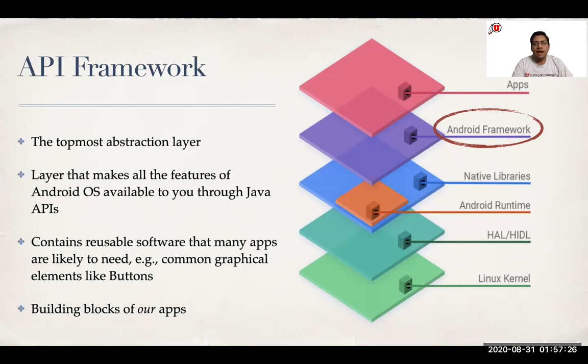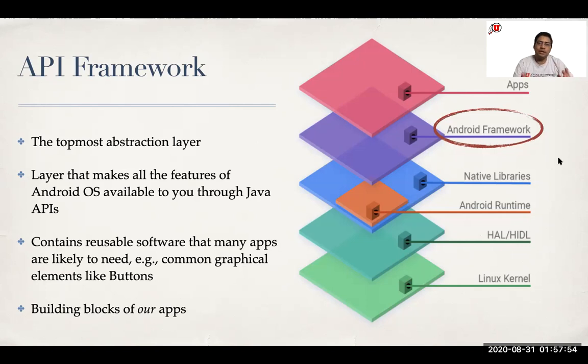What does this layer have? So this is basically the topmost abstraction layer. As you can see above this, you have apps which you and I can develop. This makes all the features in this stack available through certain Java APIs. That is the purpose of this layer. So you should be able to use any features of the lower layers through the APIs.